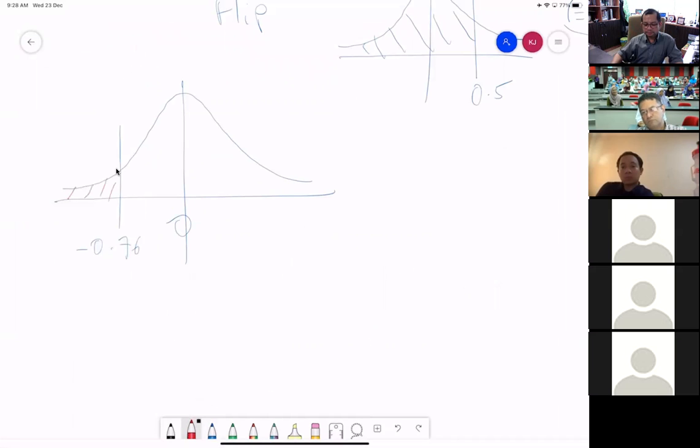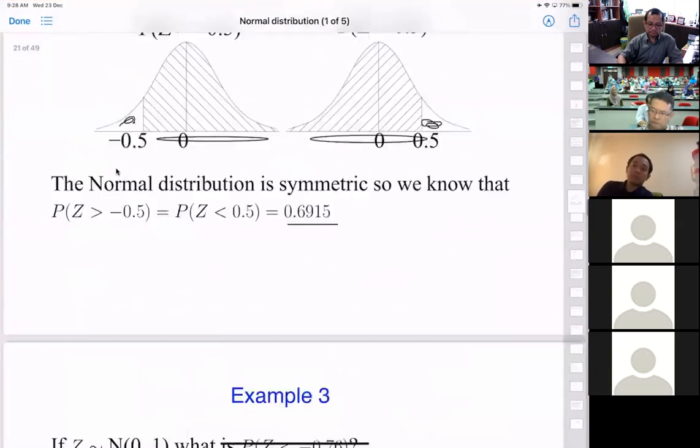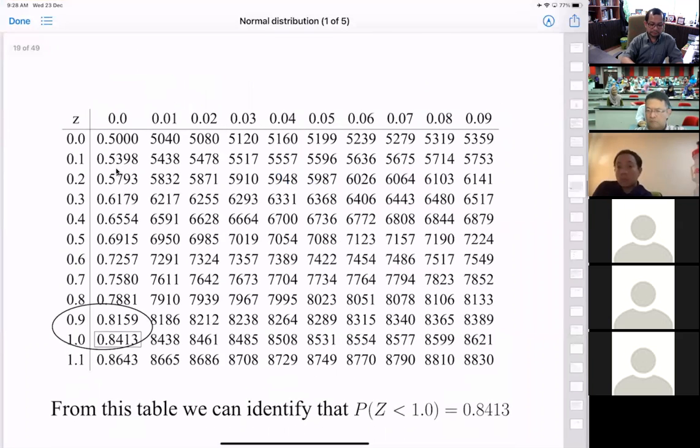So what we should do is flip. Then we read this area. This area is 0.76 here, 0.7764.